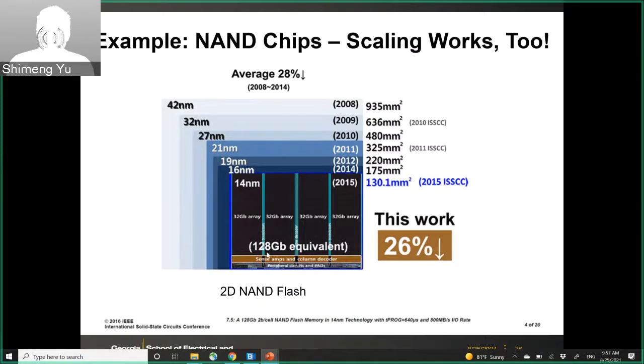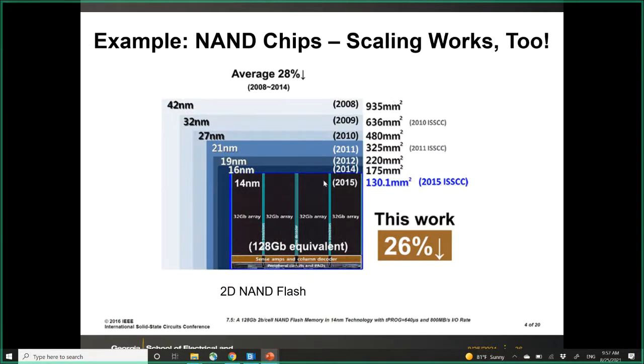If you normalize to the same capacity, then in the older technology node, you will have a huge chip, close to 1,000 millimeter square, which is not realistic from the yield point of view, because you cannot build a large chip. If there's a defect on that chip, the whole area is wasted. So you don't want to build a full large chip.